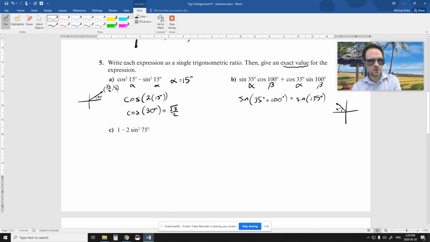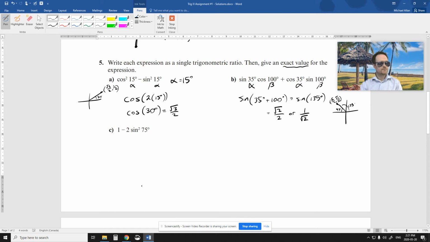Reference angle is 45 degrees. So this point up here is root 2 over 2, but negative root 2 over 2 for the x. The y is still positive, so that means this will end up being root 2 over 2. Or if you memorize the other way, 1 over root 2. To me, they're both the same.